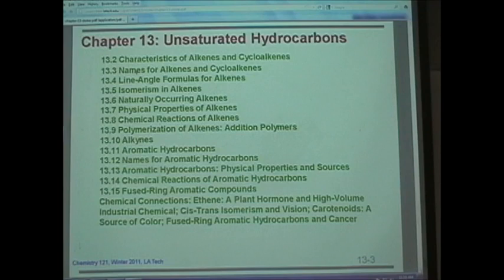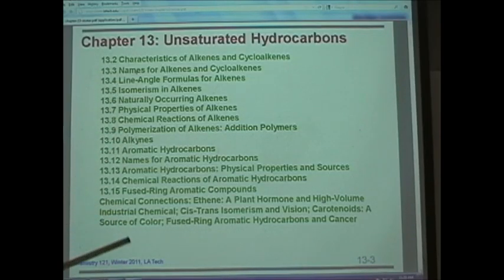Everything we learn about alkanes, like line angle formula, how we draw line angle formula for alkenes, and some description of where the alkenes are found, physical properties, chemical reactions of alkenes. And what we're going to do today is up to here, alkynes.